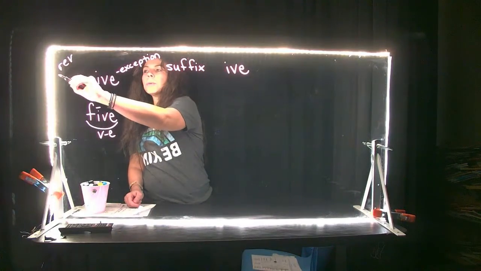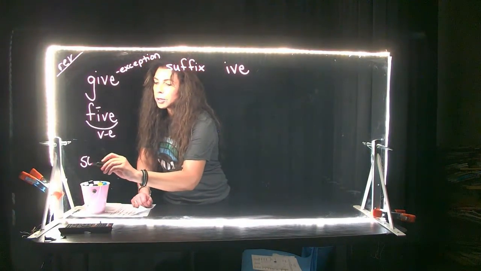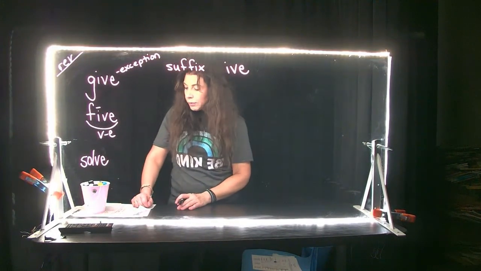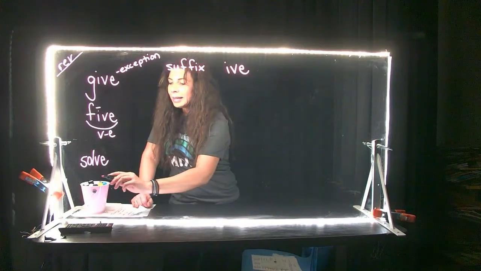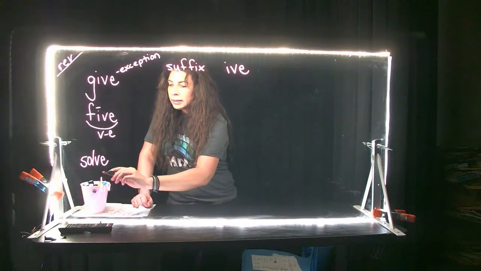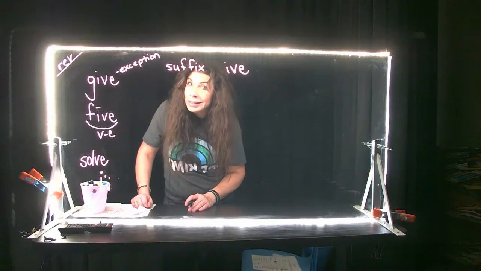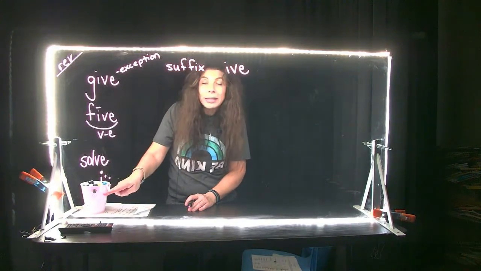Remember, V's really do not like to be by themselves. We learned that when we talked about the word solve. So even if you hear a V sound at the end of the word, like live, L-I-V, unless you're talking about someone's name. My friend has a daughter named Olivia, and she goes by Liv.